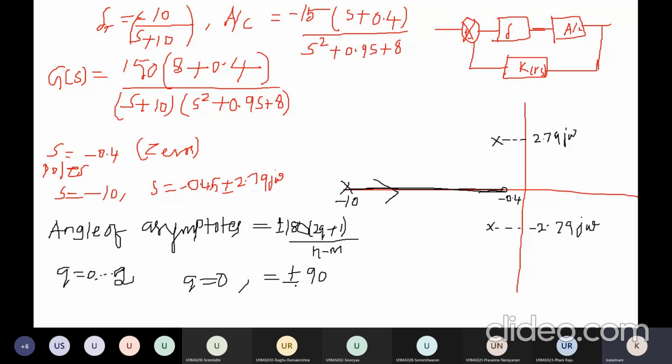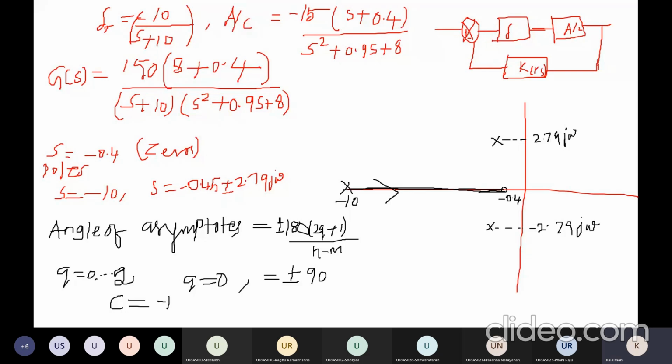Then where do I have to locate them? The point where the asymptotes intersect with the real axis is called the centroid, C. Then we need to calculate the centroid. Centroid is the sum of poles minus the sum of zeros divided by n minus m. What are the poles?